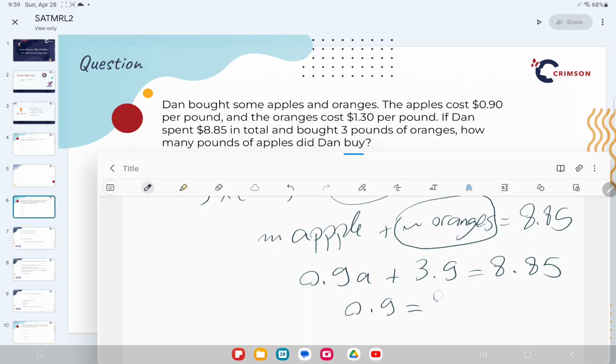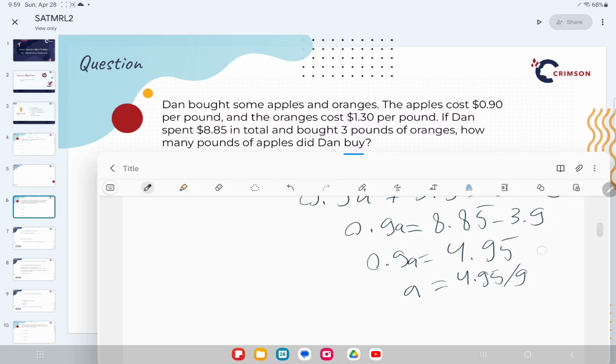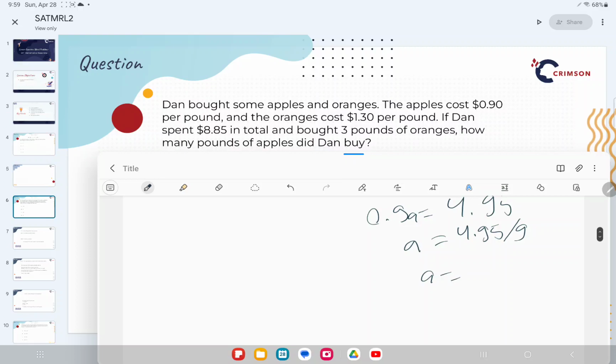So 0.9a is going to be equal to 8.85 minus 3.9, which will end up giving me 0.9a is 4.95. So a is going to be 4.95 divided by 9. This is going to be equal to 0.55.